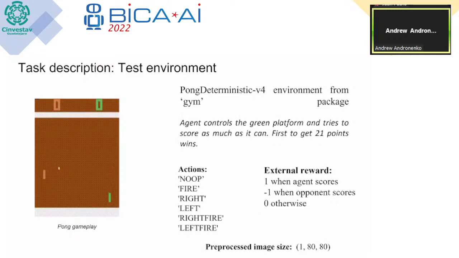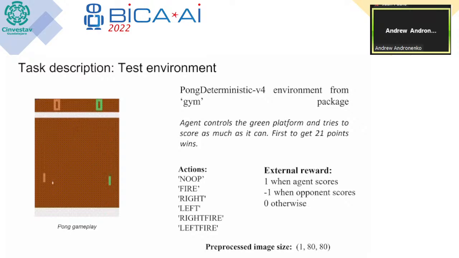We tested the A3C algorithm with actor-critic agents augmented with this R block on the task of Pong. It's PongDeterministic-v4 from the gym package. We've got 6 actions available and an external reward when a goal is scored by either of the contestants. We used raw image input with preprocessing to cut out the unimportant parts of the image, the top and bottom spacings.